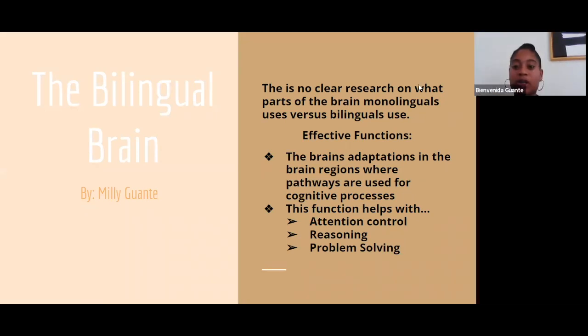And for my part, I will be talking about the bilingual brain. So there is no clear research on what parts of the brain are monolingualist and bilingualist, but there is a certain feature called executive functions where the brain adapts to the brain's regions where pathways are used for cognitive processes. And this function helps with attention control, reasoning, and problem solving.